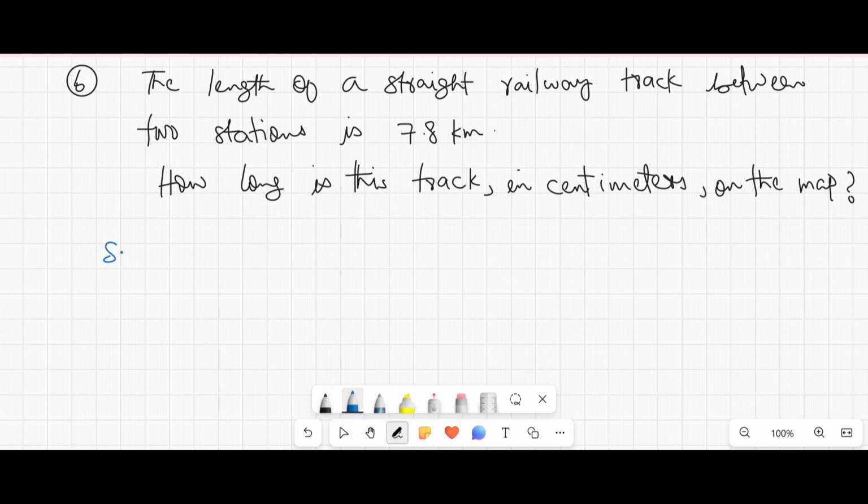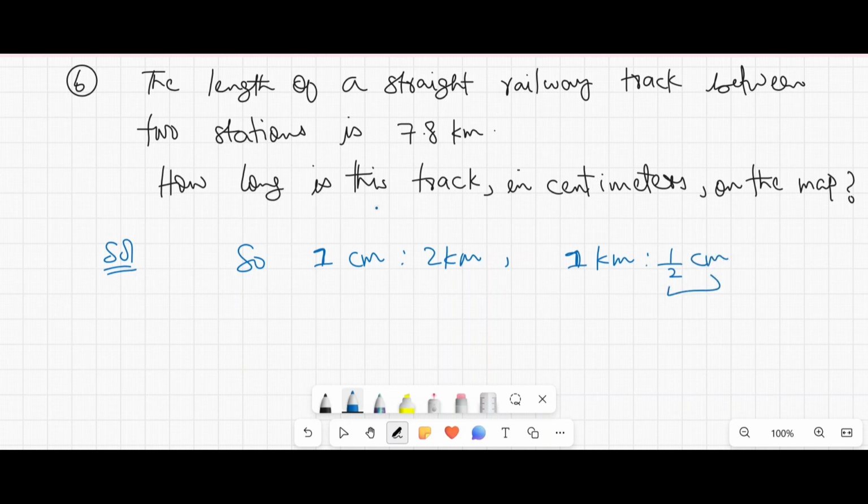So let's do the solution. We have 1 centimeter on a map is 2 kilometers in real life. But you can also imagine it like this: 1 kilometer represents 1/2 centimeter on the map.